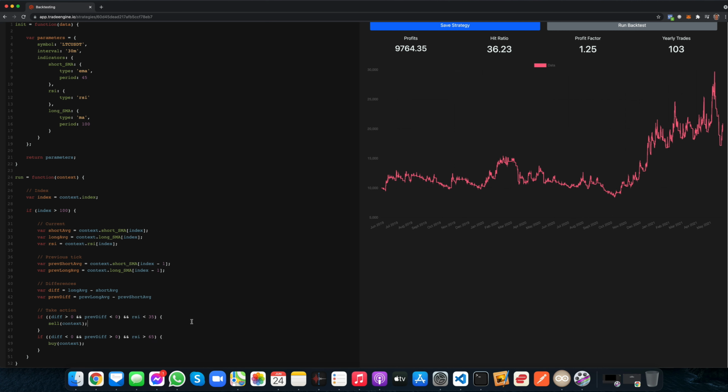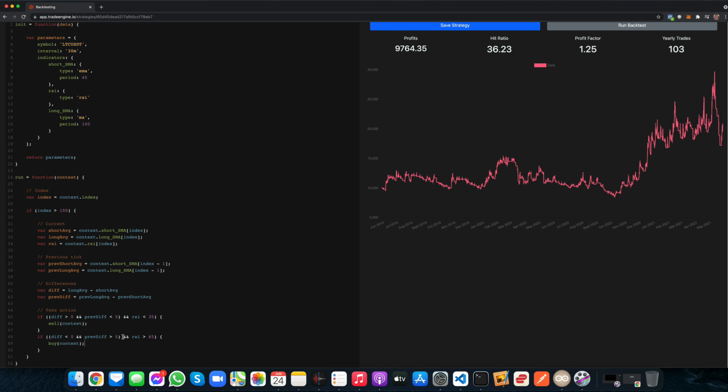All right, so now I just modified it, and what I added is a confirmation of this trading signal with the RSI. If it's under 35 here, that will confirm that I want to sell. And if it's above 65, that would be a confirmation that I want to buy.